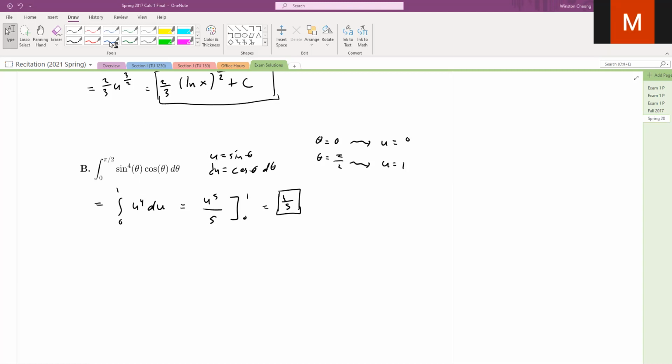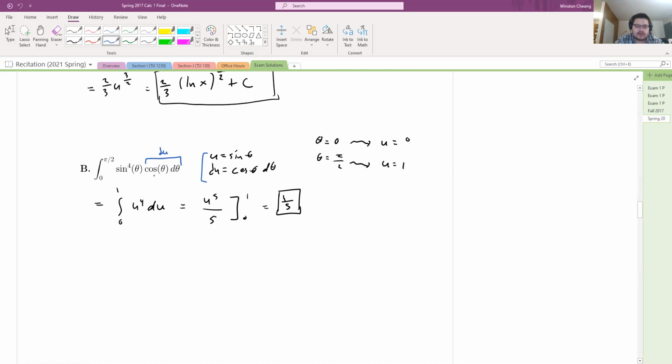Yeah. So both of these things are part of our conversion over from the theta world to the u world. Both of these are what I would describe as being the u sub process. And so you see that this matches the du. This is exactly du as described.